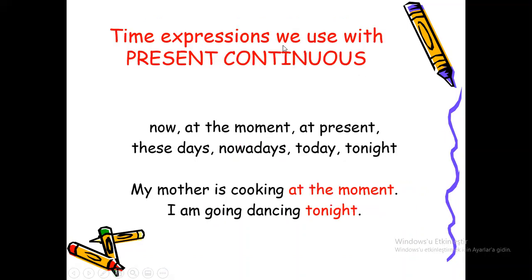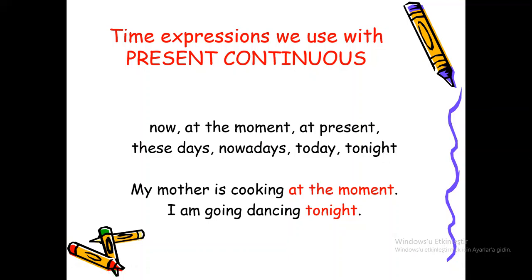Time expressions we use with present continuous. Again, I want to mention that they are very important because they are your clues, your helpers. When you see now, or when you want to talk about now, at the moment, at present, these days, nowadays, today, tonight, you need to use present continuous.